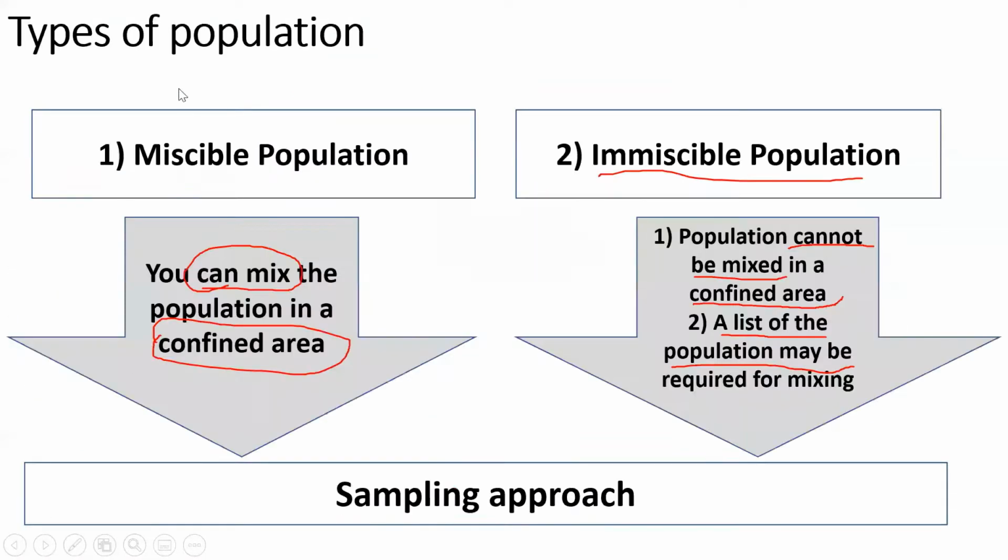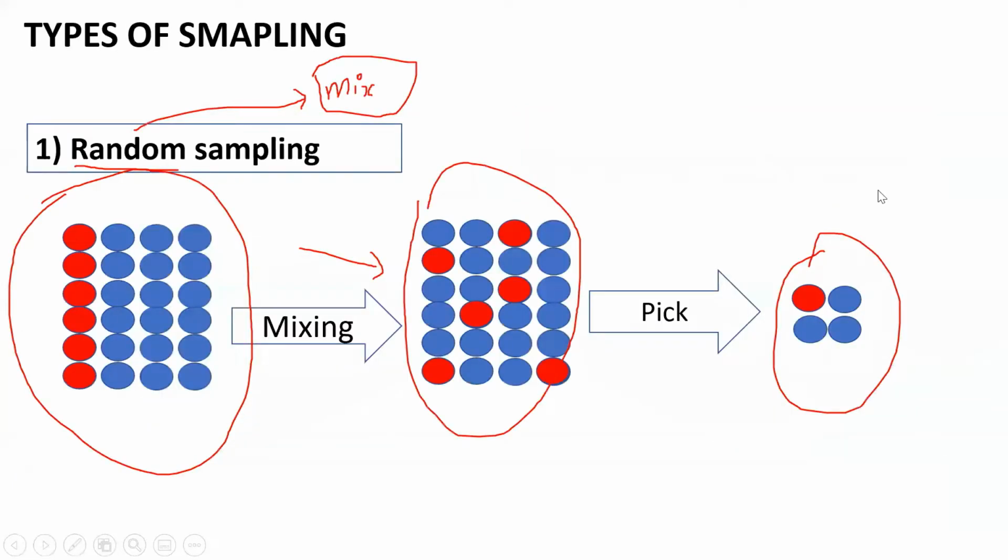So we started with the population of study, two types of population: the miscible population, which is the population that you can mix, and the immiscible population that you cannot mix. On this population, the only way to conduct a random sampling is by getting a list with numbers which you can use to do a random draw. Then we talked about types of sampling, starting with random sampling.